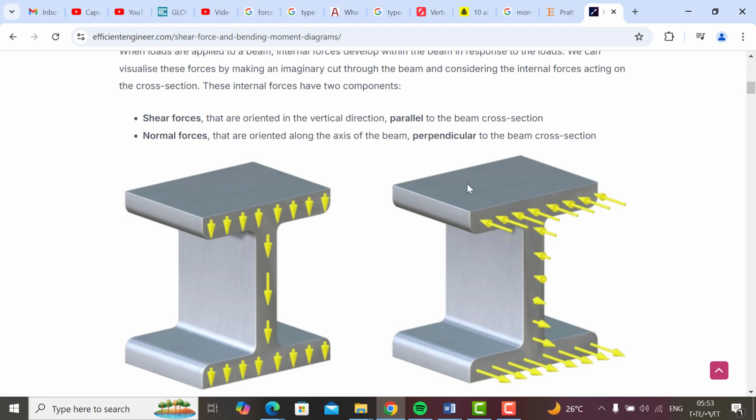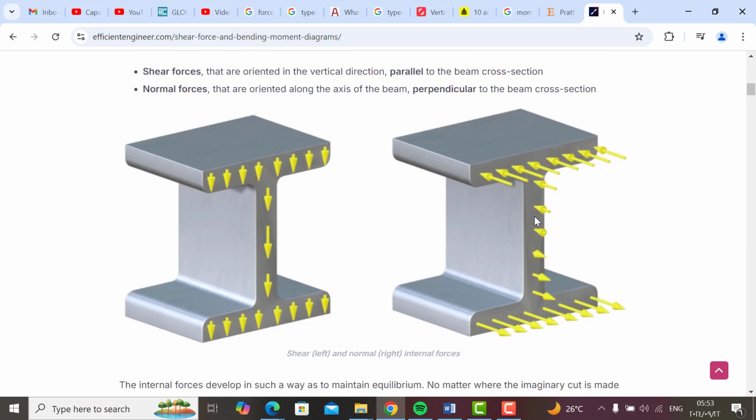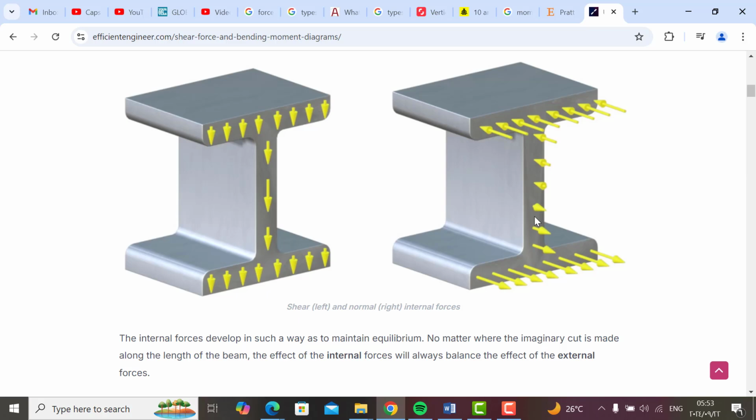So it is perpendicular to the beam cross section and oriented along the axis of the beam, as this diagram is showing you.